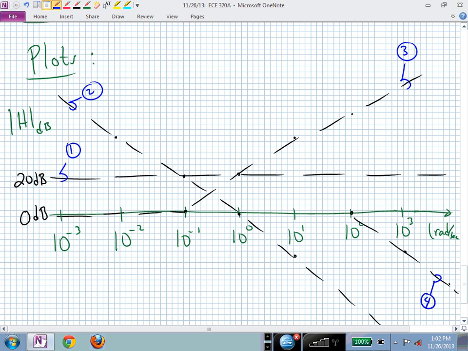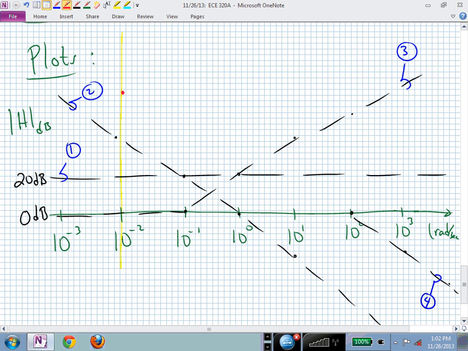I have a constant and I have a pole at the origin. Those 2 terms are active at this particular frequency, 0.01, 10 to the minus 2. And now I need to add those up. I have 20 that's coming to me from the constant, and I have 40 coming from the pole at the origin. Those 2 sum to 60, meaning their sum would give me the net result up here at 60 dB.